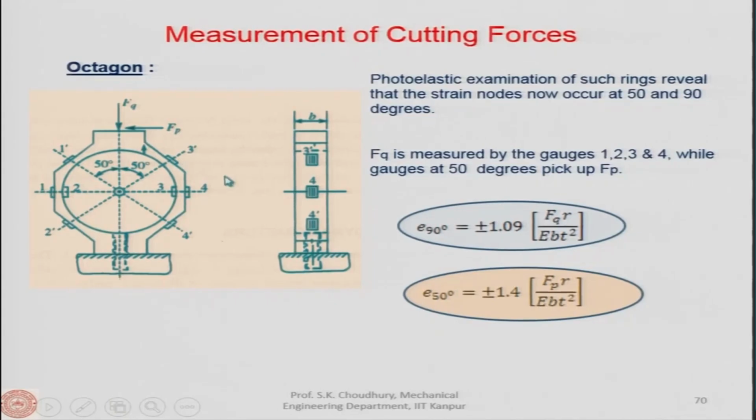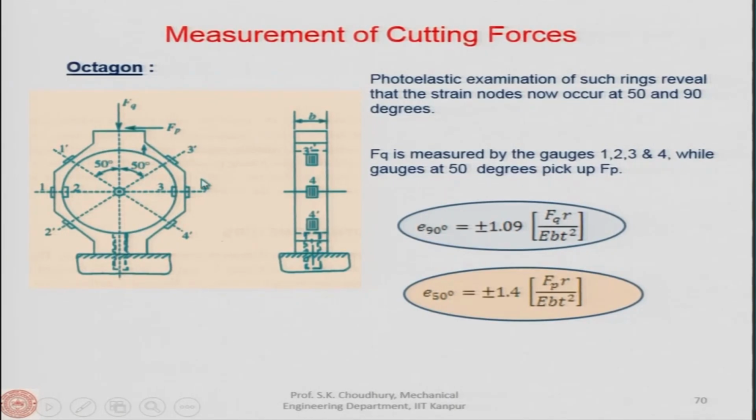Now, the photoelastic examination of such rings reveals that the strain nodes 1, 2, 3, 4 are at an angle of 90 degrees, and 1 prime, 2 prime, 3 prime and 4 prime are at an angle of 50 degrees.